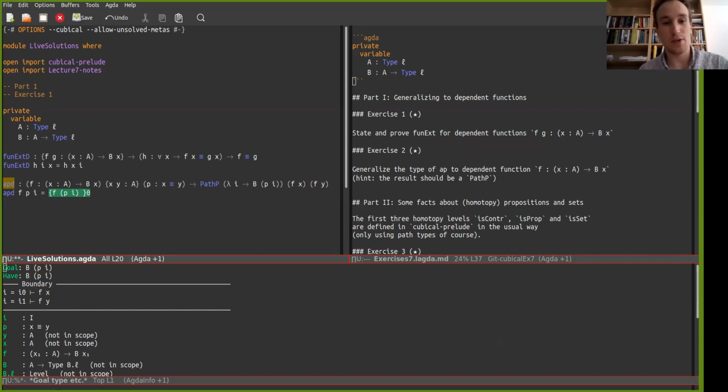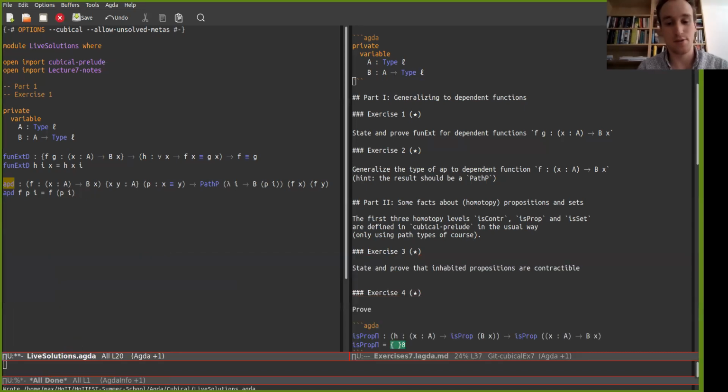And we have these two boundary conditions, but it is obviously true that P of 0 computes to X, so F of that is F of X, and similarly for 1 and Y. So as you see, the proofs are exactly the same in the dependent case; here we just write a dependent path. Okay.